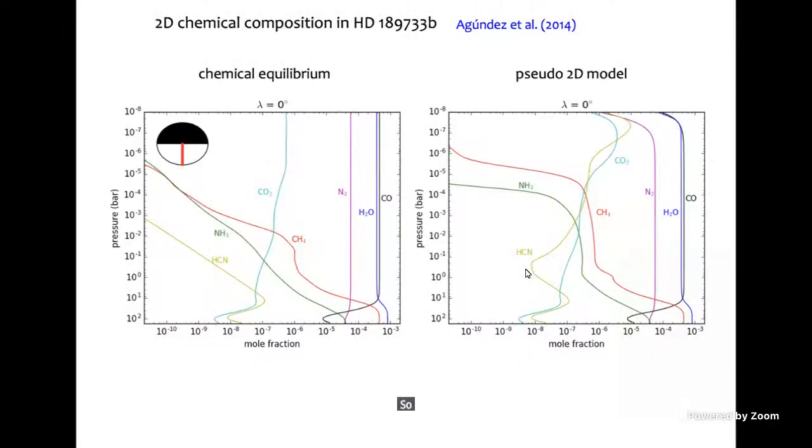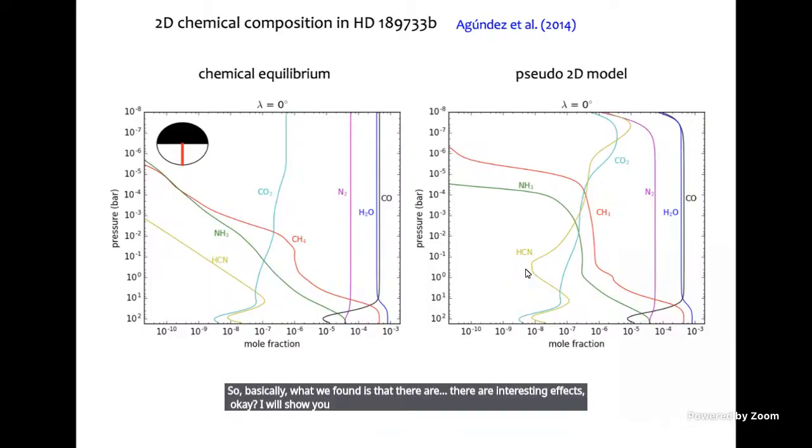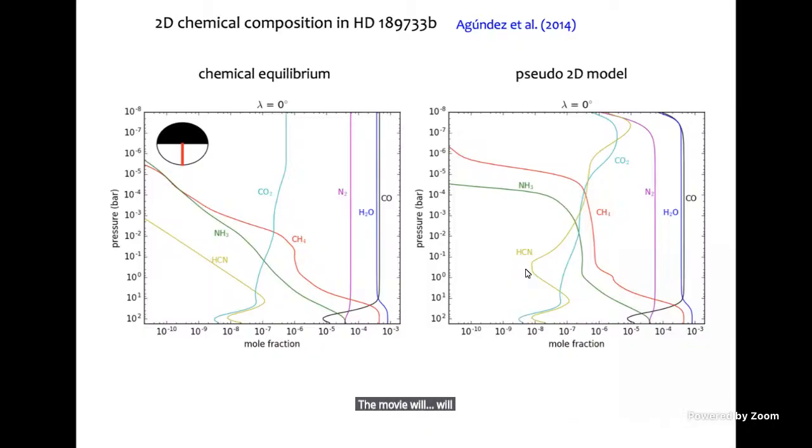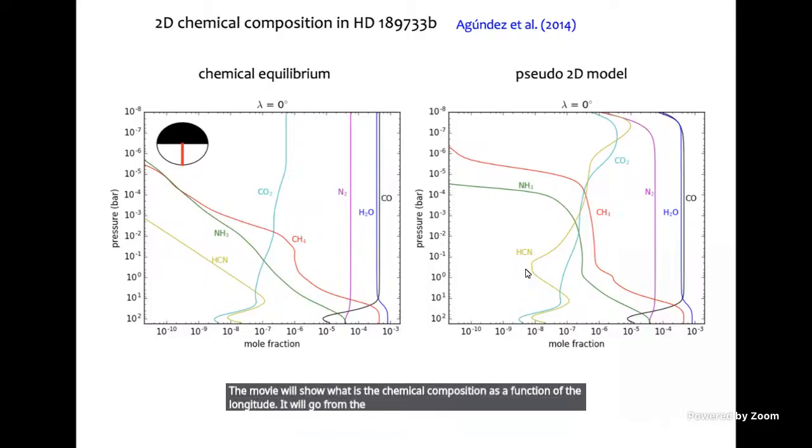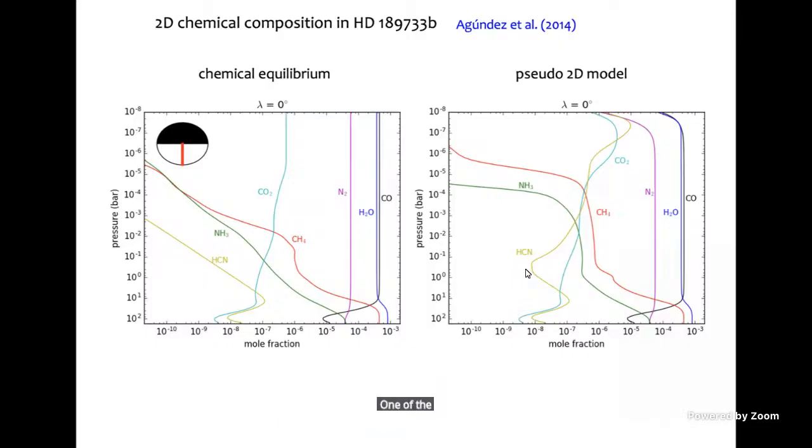So basically, what we found is that there are interesting effects. Okay, I will show you a movie. It will show the chemical composition as a function of the longitude. It will go from the substellar point, which is one of the hottest, through the night side and come back.